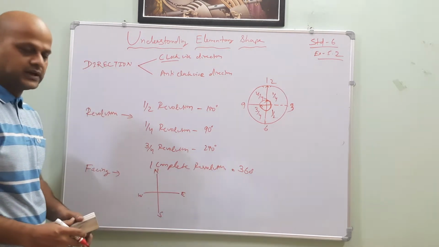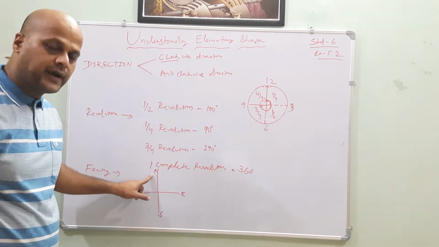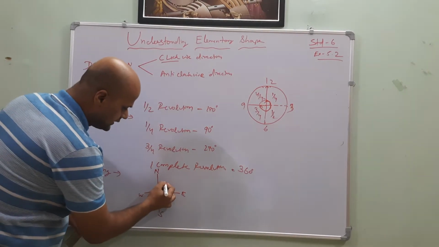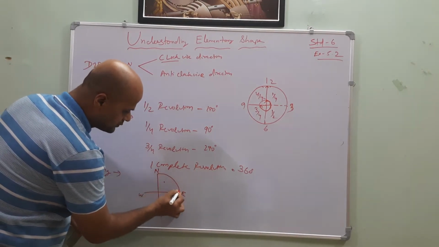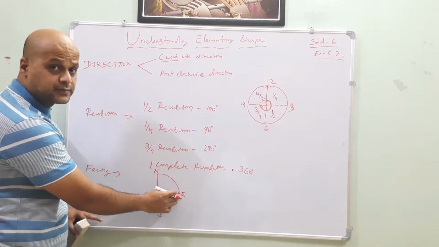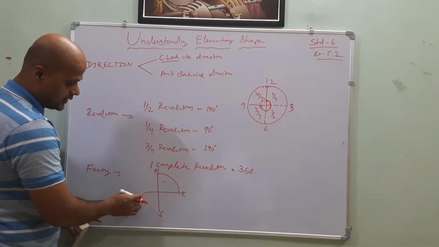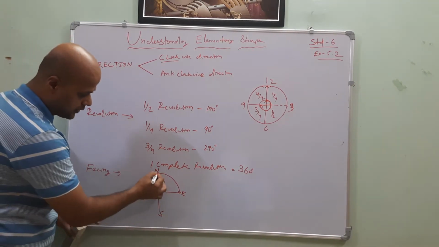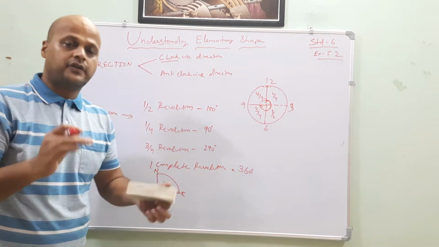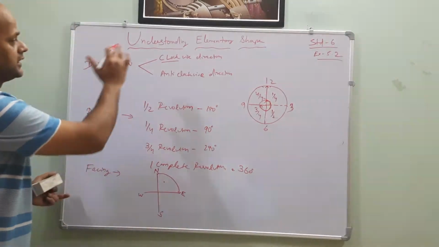The question is, if I am standing in north and I take 1/4 of a revolution, then I will say that I am standing in the east position. East, west, north, south are also forming a circle. So this is the funda. It is in your exercise. Remember these things, my dear friends.